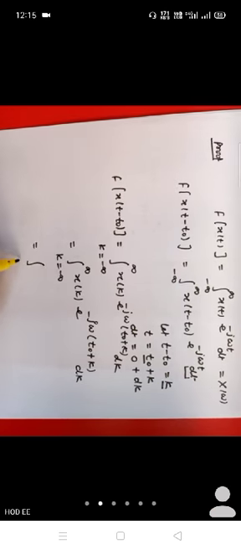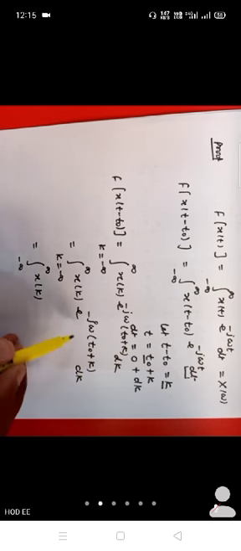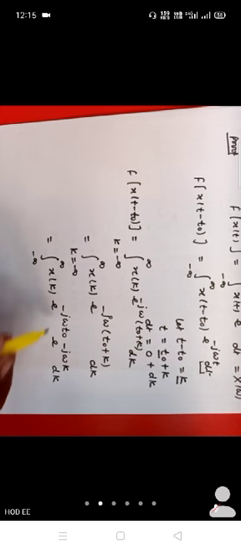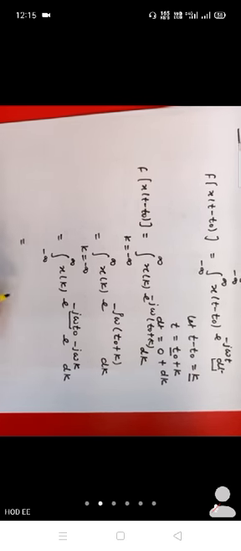We expand this exponential function as e raised to the power minus j omega t naught times e raised to the power minus j omega k, and this is dk. Now with respect to k, this function is constant, so we take it outside the integration. It will be e raised to the power minus j omega t naught, integration from minus infinity to infinity, because these are the limits of variable k.